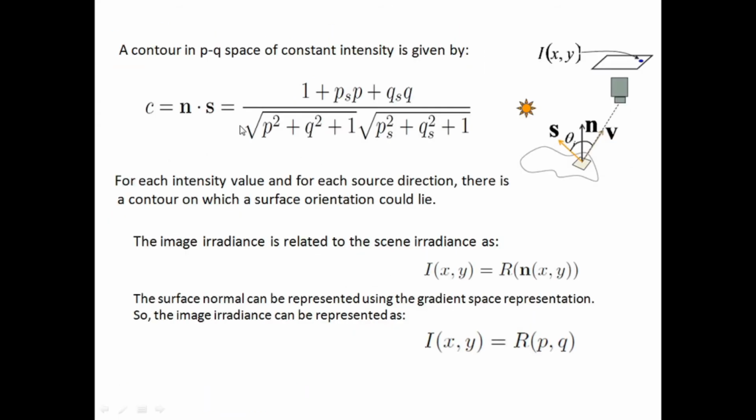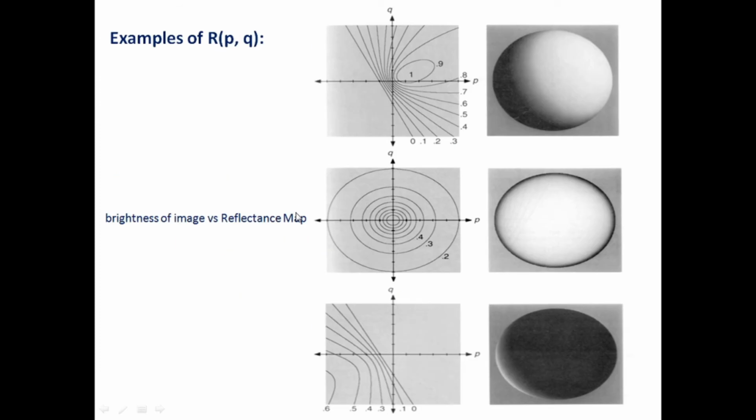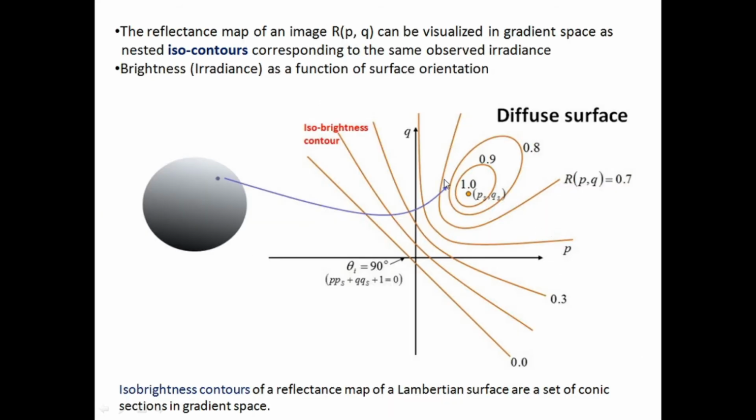And so that means for each intensity value and for each source direction, there will be a contour on which a surface orientation could lie. So let us take this as an example. For this darker pixel, for this point I am having this contour. If you move towards this point, I may have 1 as a contour. If you move towards this point, I may have some kind of 0.1 or 0.2, or even less than 0.0, I may have a contour.